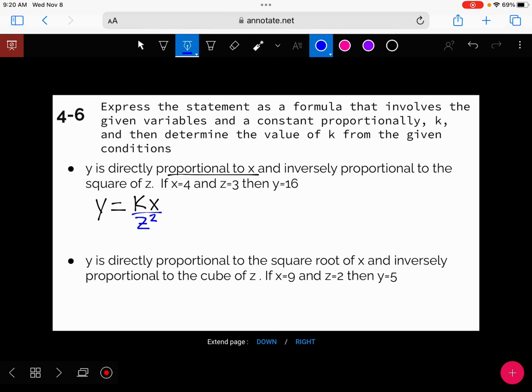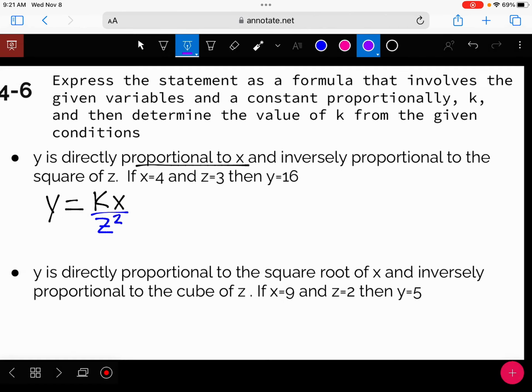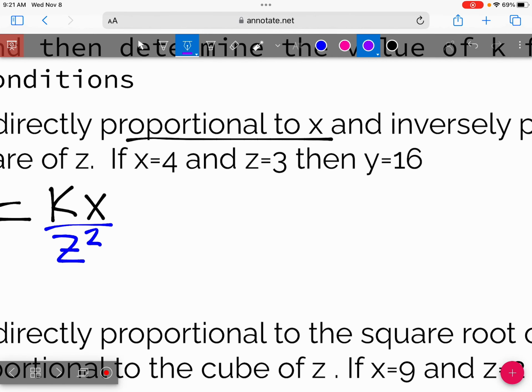So substitute in the values we have. So I have to lock this out because I need to zoom in. So we have 16 equals k times 4 over 3 squared.